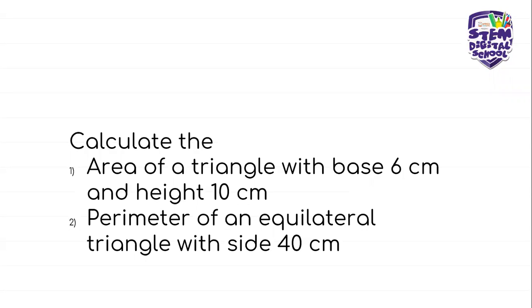This is because when it comes to the triangular prism, for instance, you may need to calculate the surface area of a triangular prism. And for you to successfully do that, you need to have a background of how to calculate the area of just one triangle.